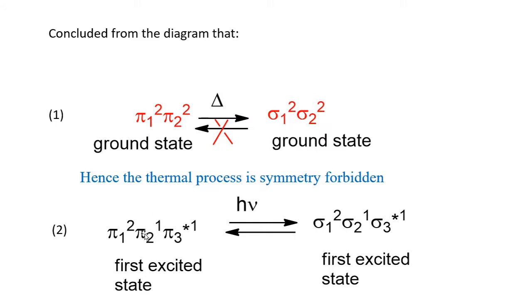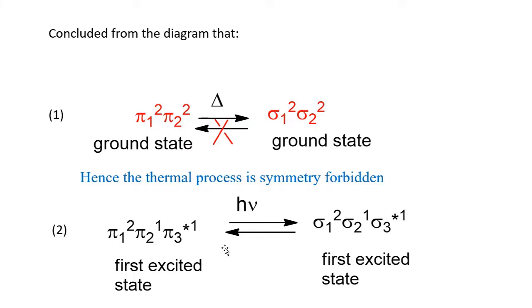Otherwise it is represented like this: pi 1 square, pi 2 1, pi 3 star 1. That means one electron jumps from the pi 2 molecular orbital to the antibonding pi 3 star. That is correlating with sigma 1 square, sigma 2 1 and sigma 3 star 1. That means one electron jumps from the sigma 2 molecular orbital of cyclobutane to the sigma 3 star antibonding molecular orbital of cyclobutane.